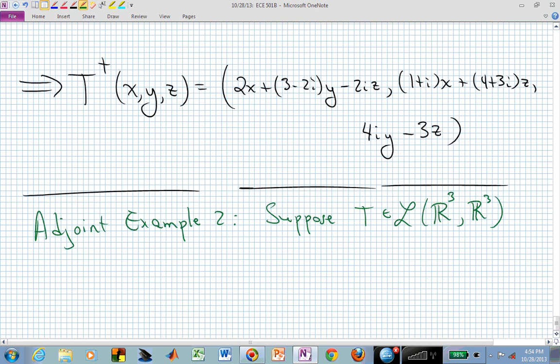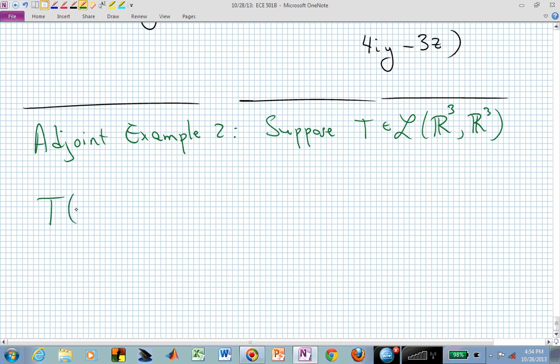Why don't we just take what we already did? Let's say we have a map T of x, y, z, and suppose I just take the real part of that previous example. Meaning, my first coordinate of this linear map is going to be 2x plus y. The second coordinate is just going to be 3x, and the third coordinate is 4y minus 3z.